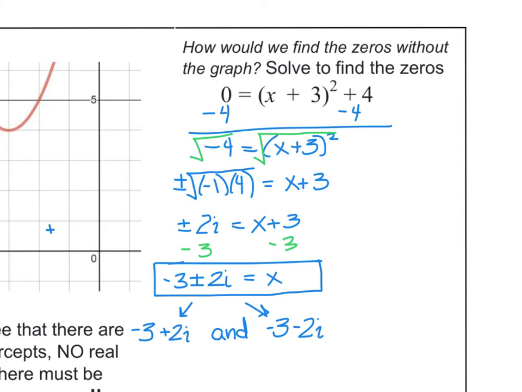And so the way we have this written, negative 3 plus or minus 2i, this type of number that includes both a term with an i in it, and a term that's a real number, that has a name. We call that a complex number. And anytime we write complex numbers, we always write it in the form a plus bi.